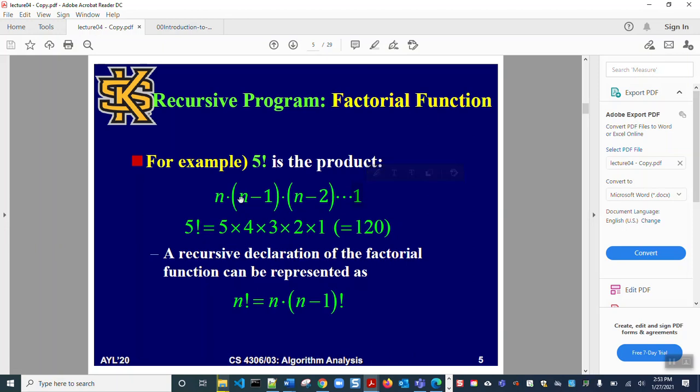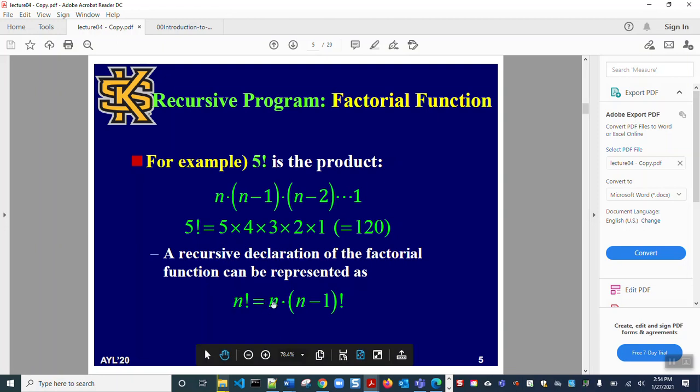In regular math we calculate the factorial of a number this way: 5 times 4 times and so on. But how do we solve this problem recursively?